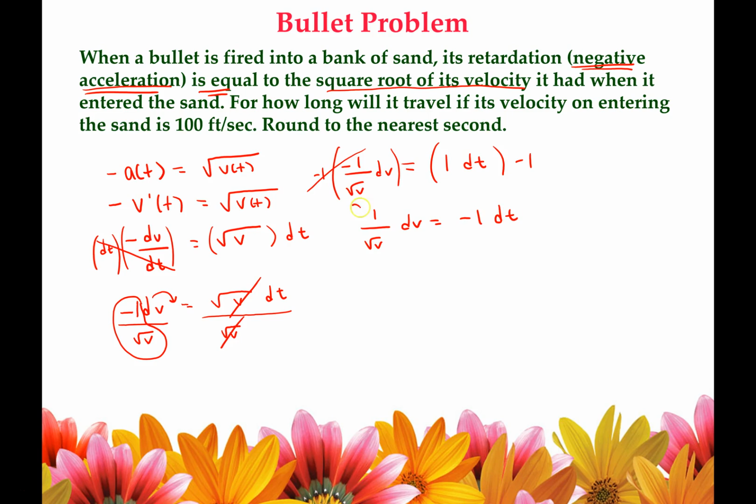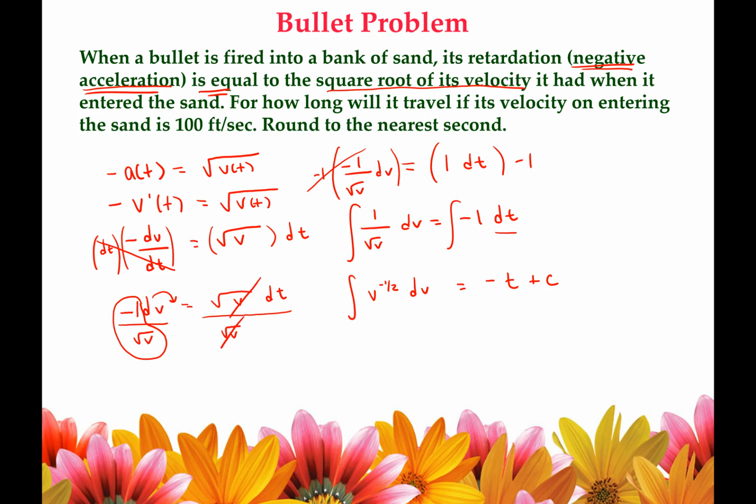Next, we're going to integrate both sides. I can rewrite this integral as v to the negative 1/2, and we already know that the integral of negative 1 dt is just a negative t. I'm going to put the plus c on this side.